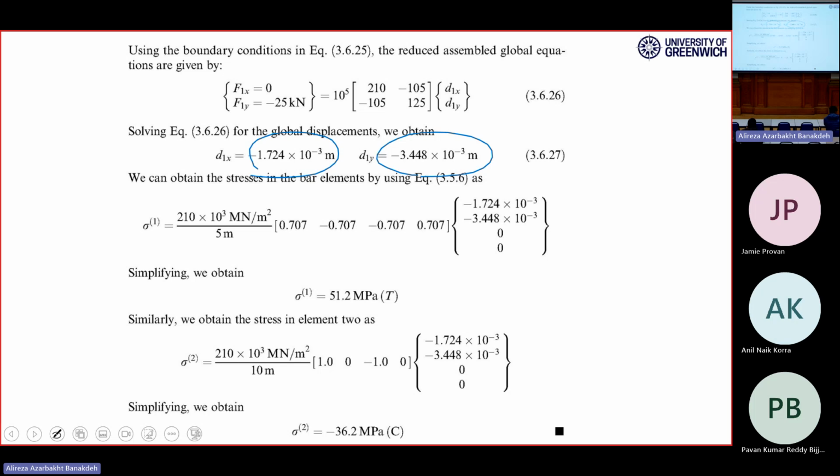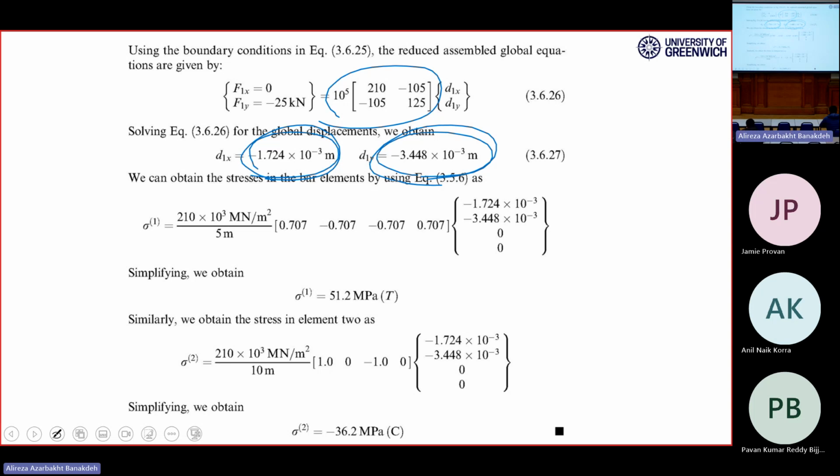But when you get home, try to assemble the big matrix, eliminate the other rows and columns, grab the right part of the remaining matrix, inverse it. This is the remaining matrix. Inverse it and you will get delta 1x and 1y here. These are exactly those in the ETABS you had on Wednesday.